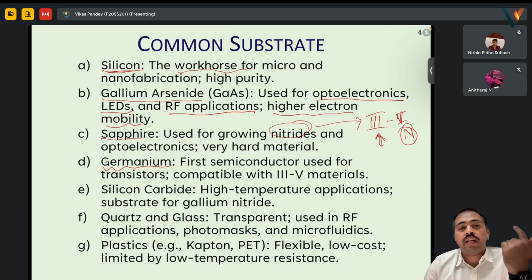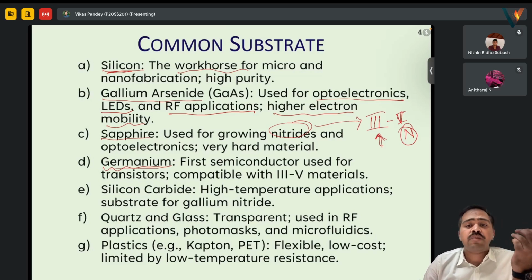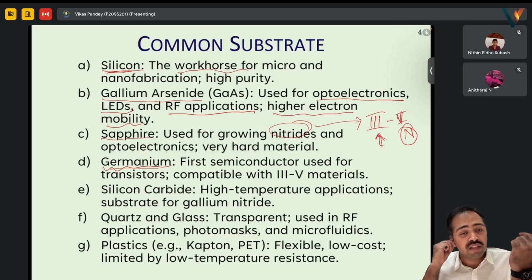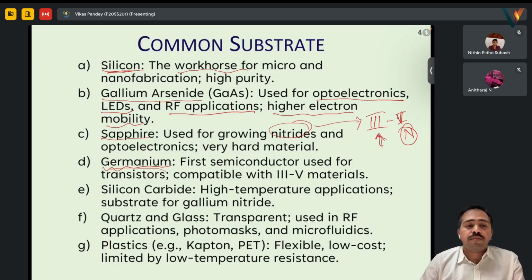Then sapphire, then comes germanium. This was one of the first semiconductors used for transistors, but it had some demerits, like it does not work very well at higher temperature, not very resistant. That is why it is not that popular nowadays, but it has still found some application in III-V materials.